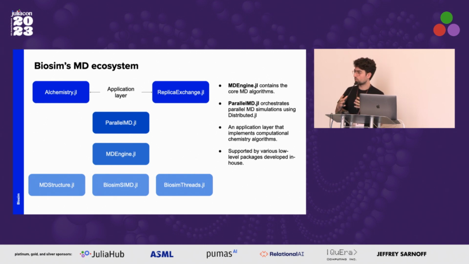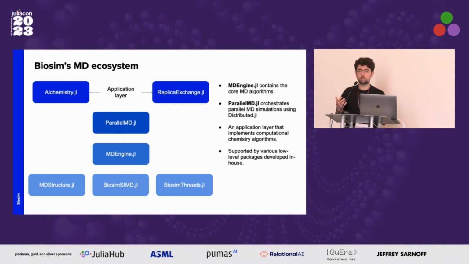So that's the core of the MD we have, but then there is also an application layer where interesting and sometimes complicated computational chemistry algorithms are implemented. And many of these algorithms actually don't run one very long simulation. Instead, you need to run shorter simulations, but all of them in parallel.